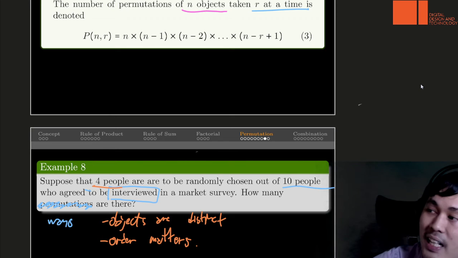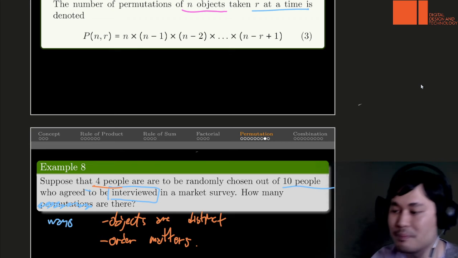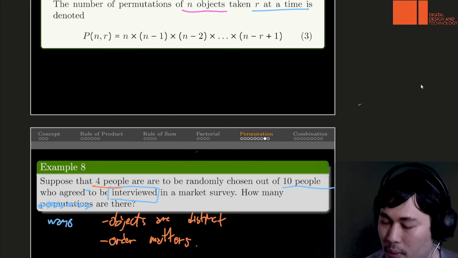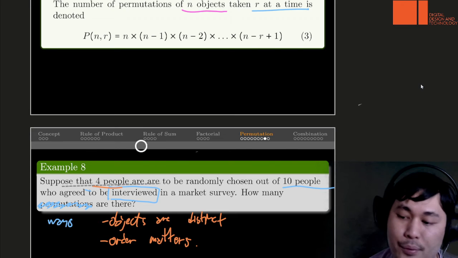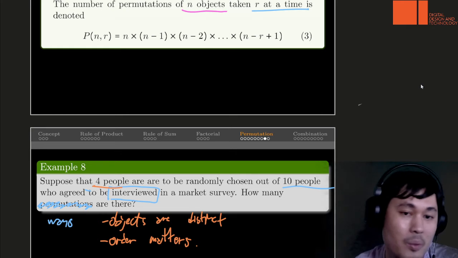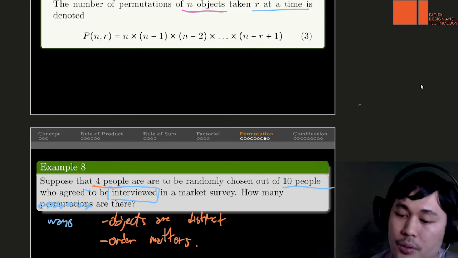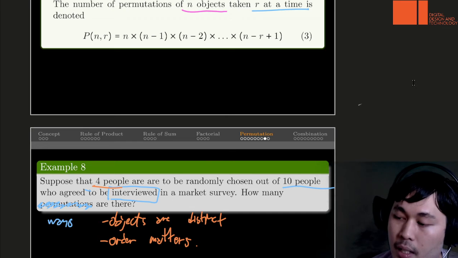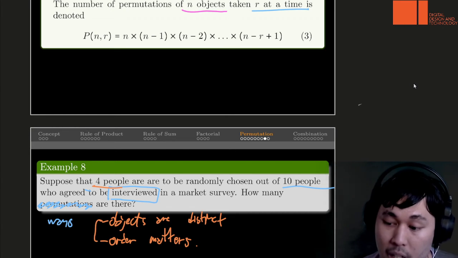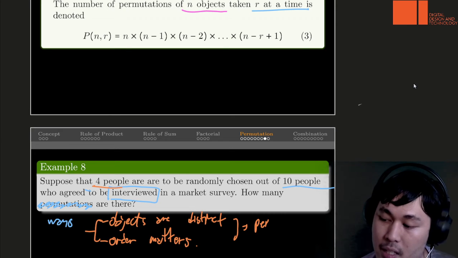The first one comes at 1 p.m., the next one at 2, the next one at 3, and the next one at 4. Now the order here matters. And maybe it should be said somewhere that we don't ask them all to be in the same room at the same time as a group. We ask them to interview in 4 different slots. So based on these 2 requirements, we know that we are dealing with permutations.